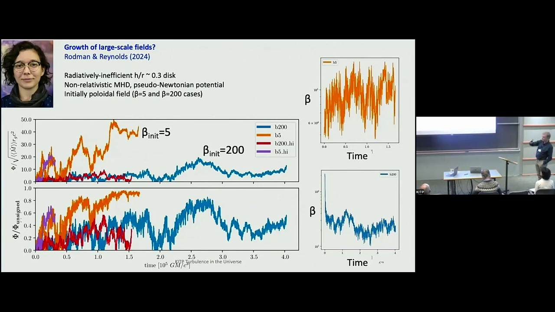How much time do I have? One minute. Purely toroidal field. Okay. Then we get a reasonable flux passing through the central region. But in fact, we haven't actually changed the average plasma beta very much. We haven't actually generated much magnetic flux.